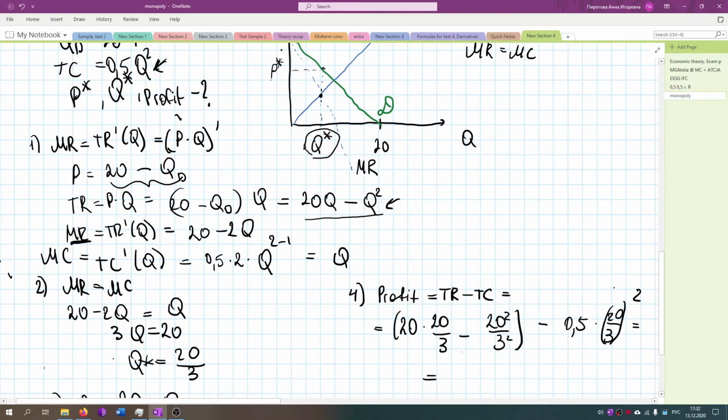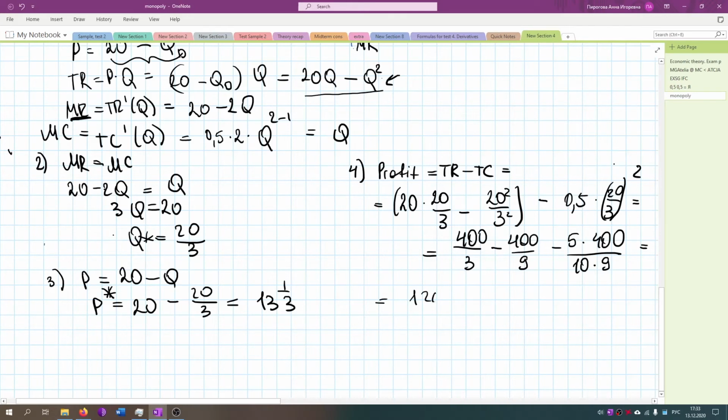And after the computations, we receive 400 divided by 3 minus 400 divided by 9 minus 5 multiplied by 400 divided by 10 multiplied by 9, 1200 divided by 9 minus 400 divided by 9 minus 200 divided by 9, because we divided all this fraction by 10, and the final result is 600 divided by 9. It's our profit.